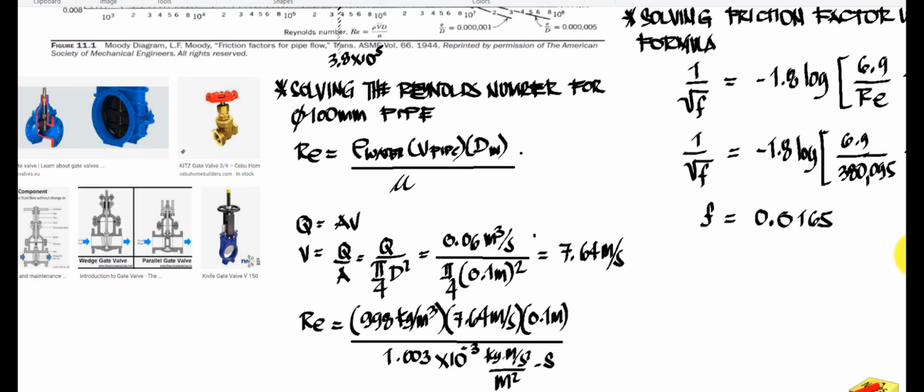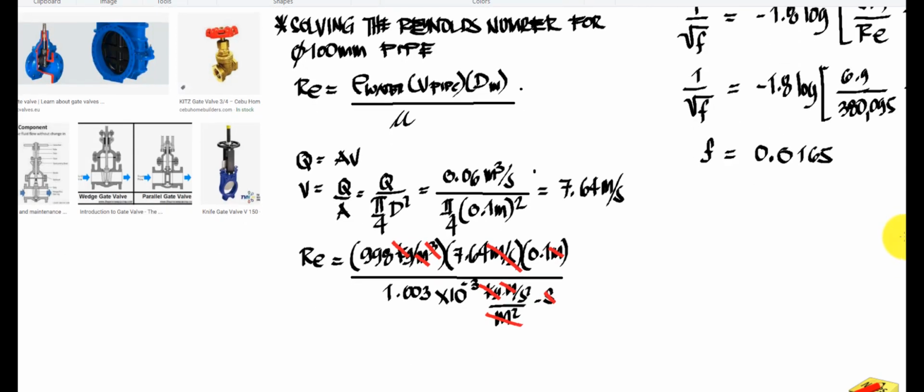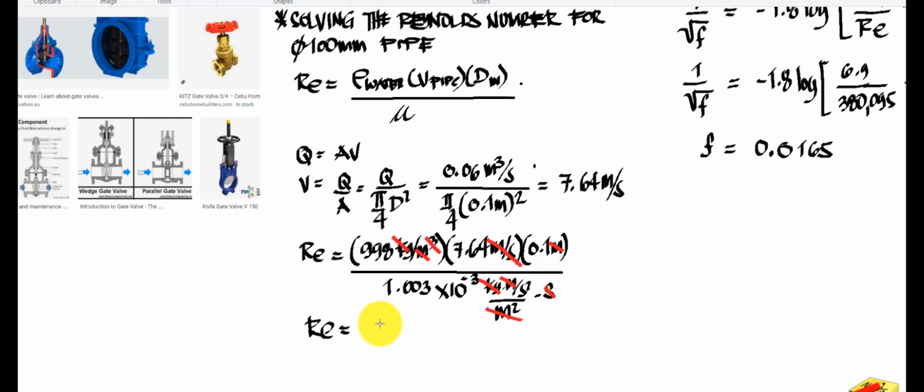Cancel the units, and you have your meter. Meter here, also this one, cancel out. Then your seconds. So we have now the value of your Reynolds number, which is equal to 760,191.